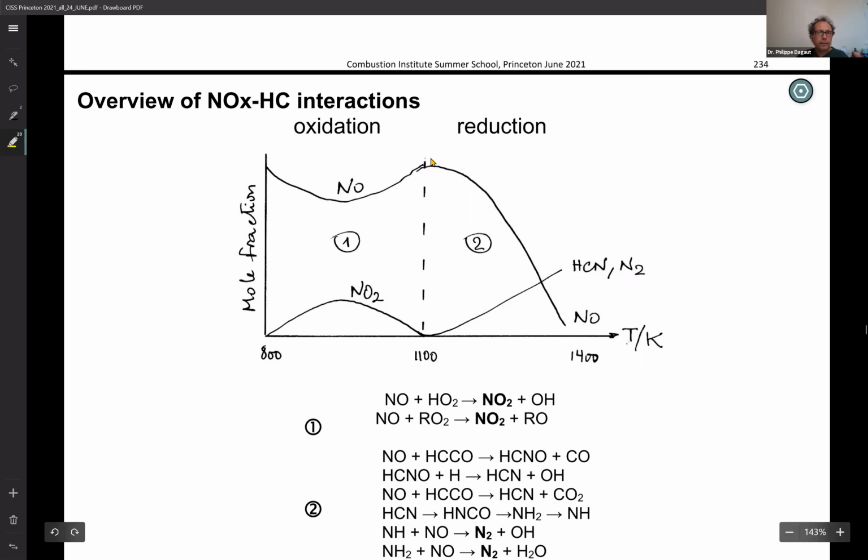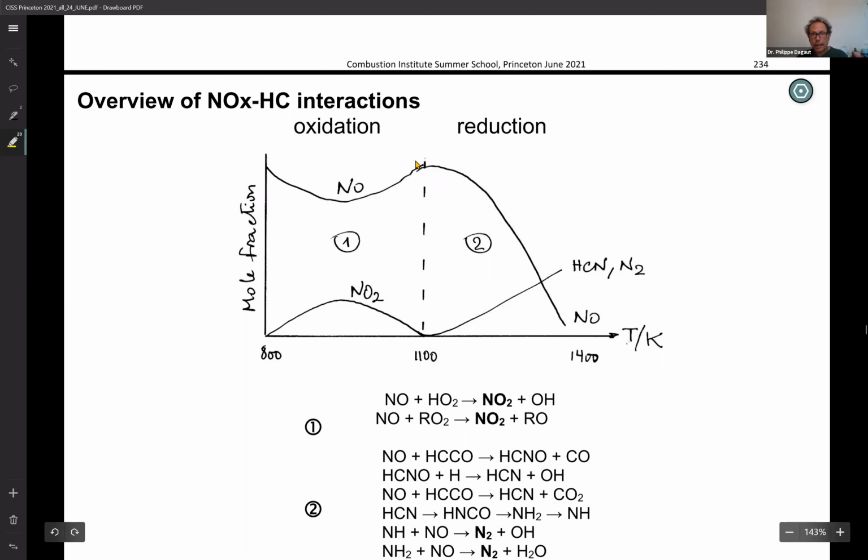Of course, there is not a clear frontier between these two, but there is one regime where we are dealing mostly with oxidation, and one regime where we are mostly dealing with NO reduction. So in this regime here, NO is transformed into NO2 through these two reactions, mostly.